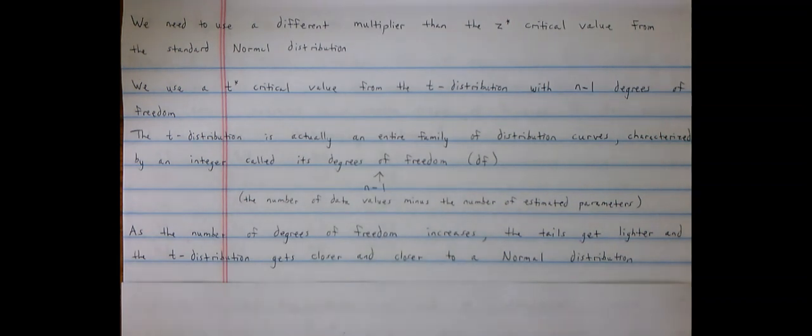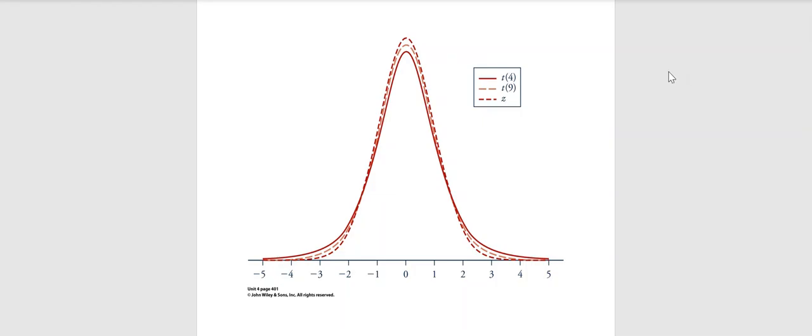So let's take a look at a few t-distribution curves. The curve denoted by the dashed red line is the standard normal curve. And then if you focus on the curve with the solid red line, this corresponds to a t-distribution with 4 degrees of freedom. So that would mean the sample size is 5.